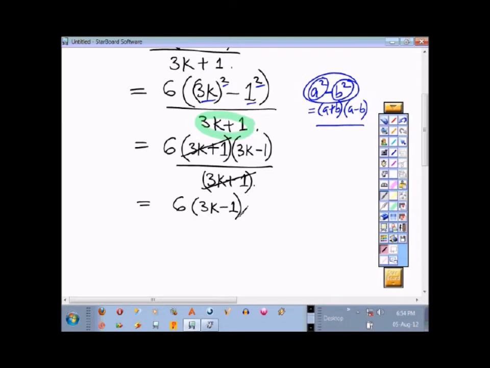However, we may as well write this as 18k minus 6 if we choose to open the bracket. So any of these could be our final solution.